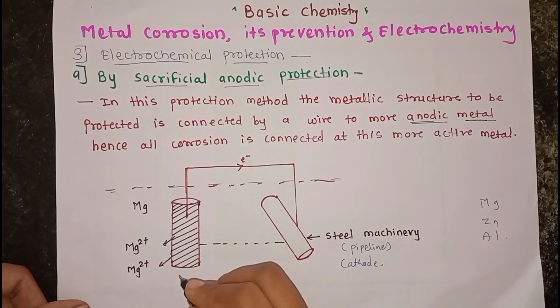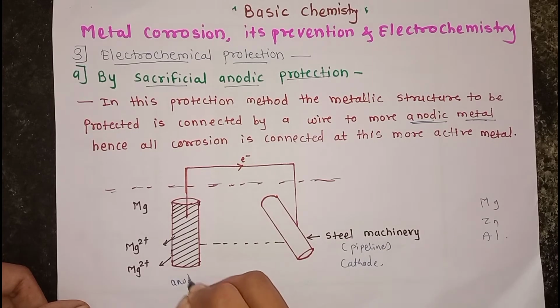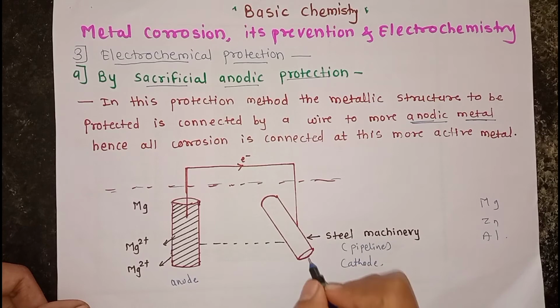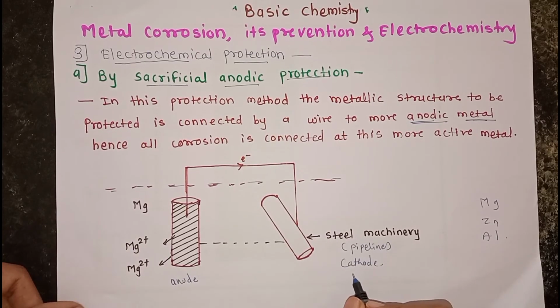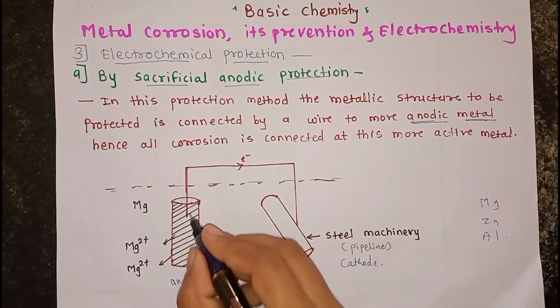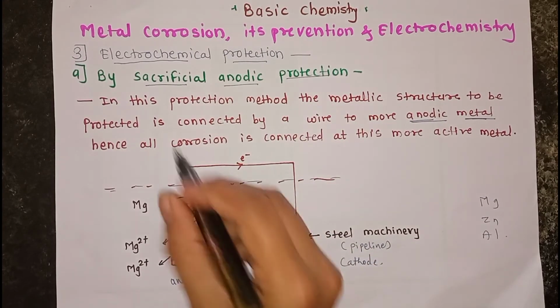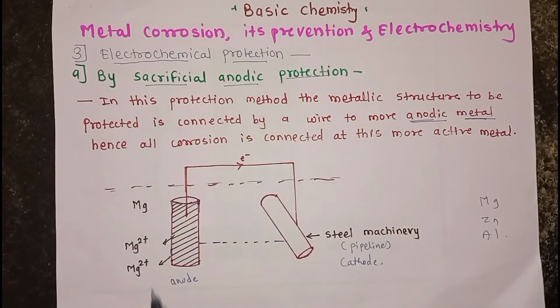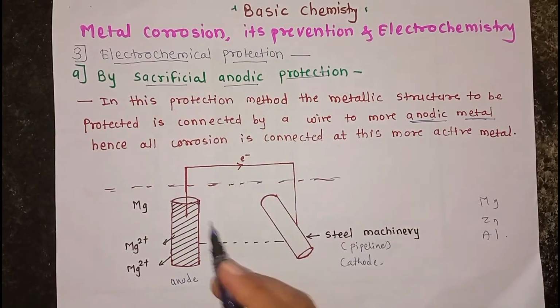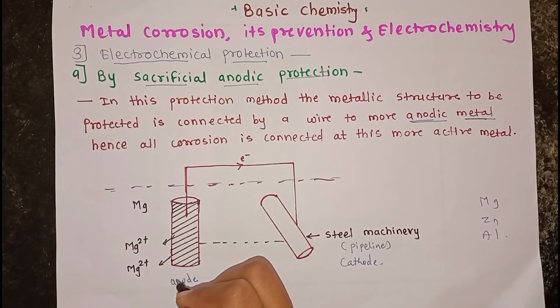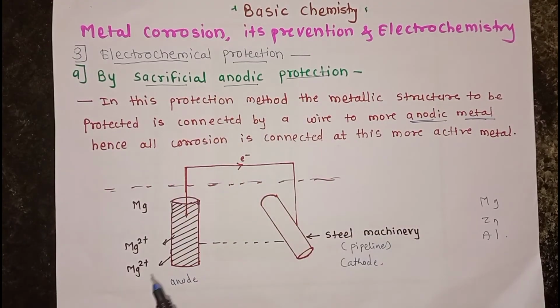So the corrosion is carried out there, and the pipeline, being less active, acts as a cathode and gets protected from corrosion. In this method the anode is sacrificed while acting as an anode, and that's why this method is named sacrificial anodic protection.